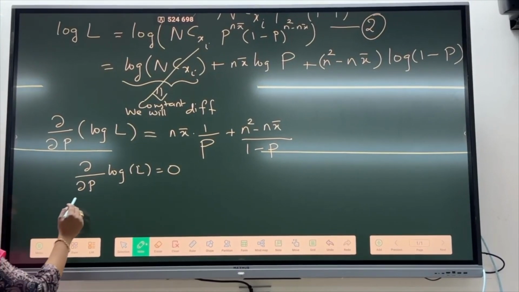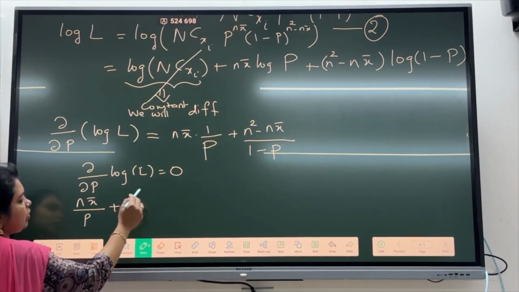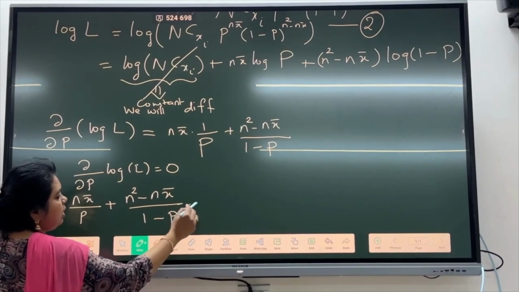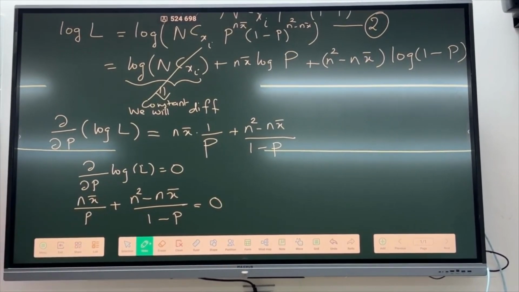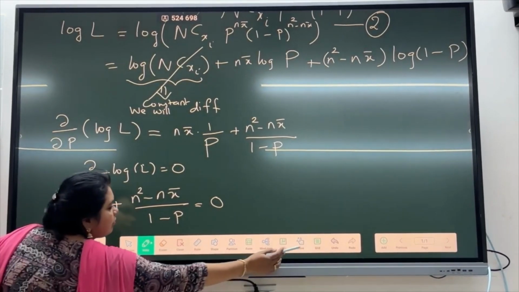So n x bar by P plus N square minus n x bar by 1 minus P equal to 0. What is the LCM here?